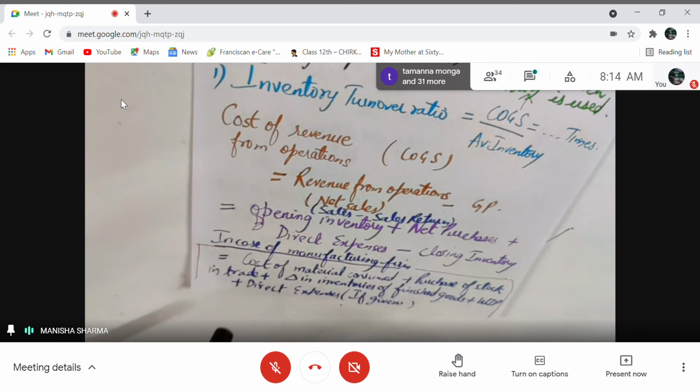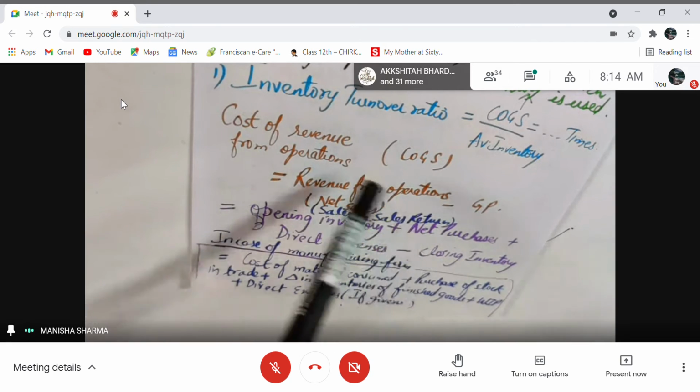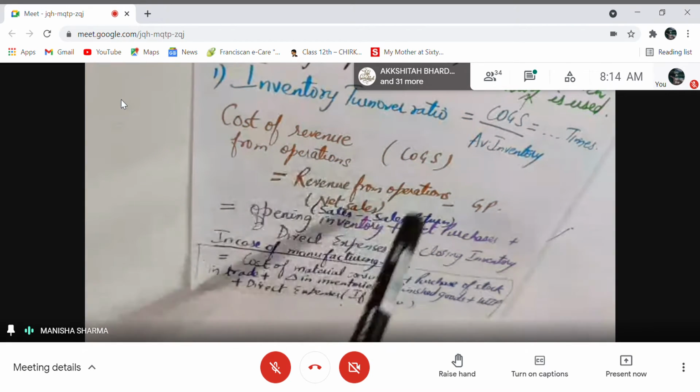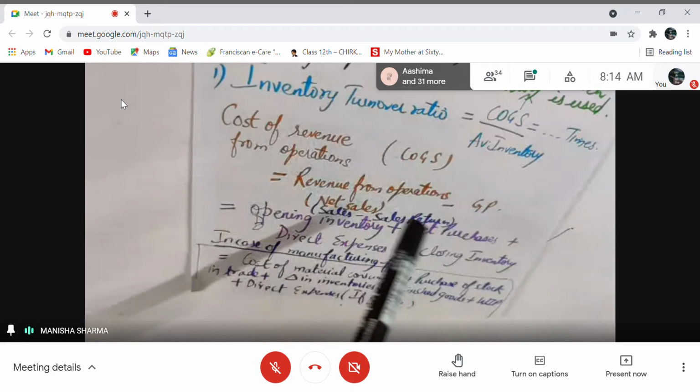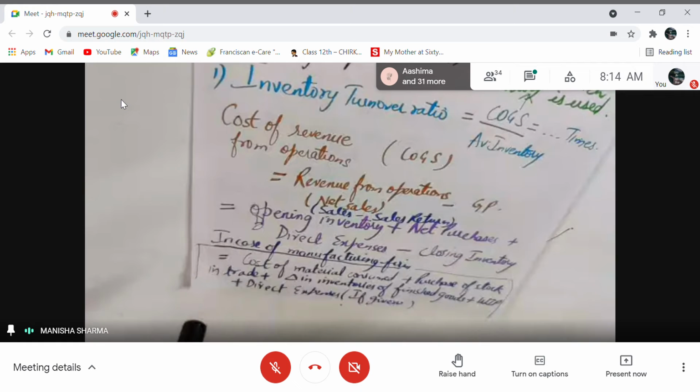This is a new formula which you need to learn. Cost of material consumed is the same as opening inventory plus net purchases plus direct expenses minus closing inventory, but the heads are different, right? It is according to schedule 3.